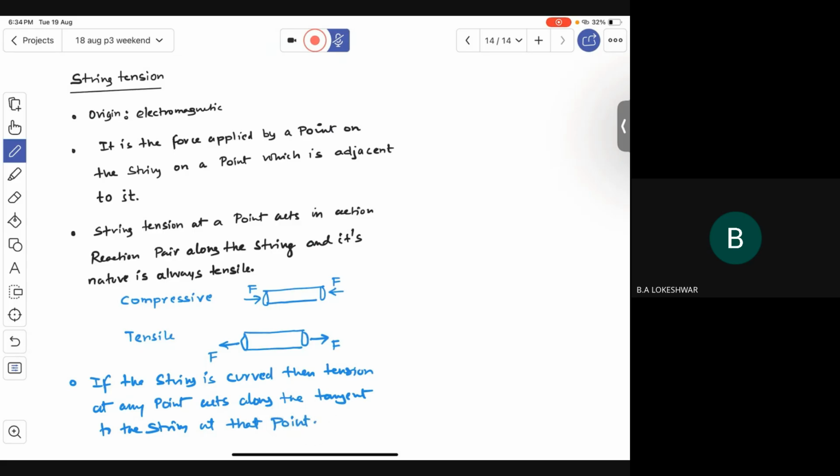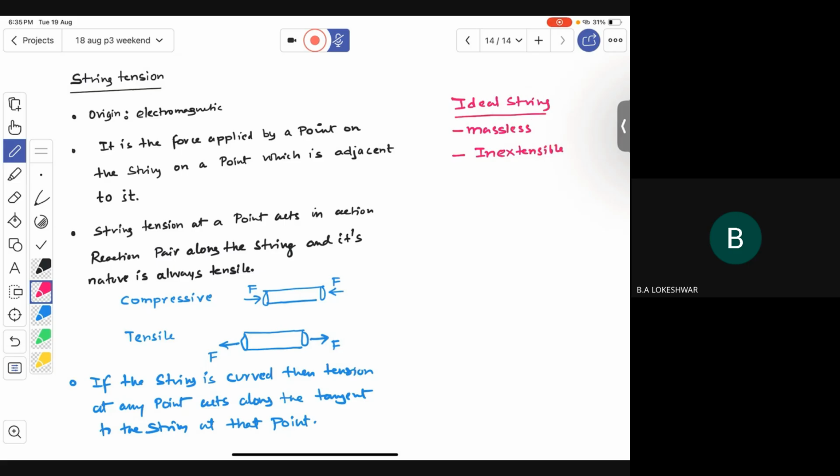Before I go further, I must tell you, if somewhere it is told that we have an ideal string, ideal string means one thing is it should be massless. Another thing is it should be inextensible, meaning its length cannot be increased.